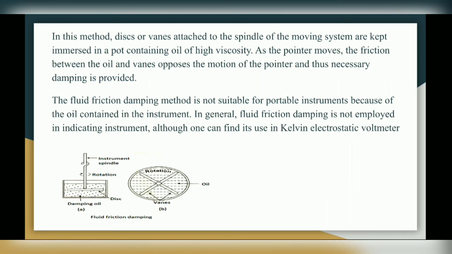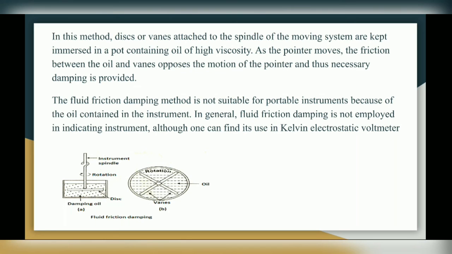So when the pointer deflects, the disc also rotates in the opposite direction to damp those oscillations. The fluid friction damping method is not suitable for portable instruments because of the oil contained in the instrument.